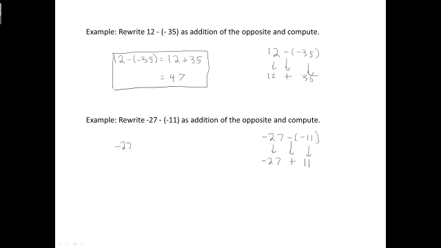Negative 27 minus negative 11 is equal to negative 27 plus 11. We visualize this calculation on the number line. Here's 0. Negative 27 is 27 steps this way. And then 11 steps back this way. It won't take you all the way back to 0 again, so the answer will be negative. Negative what? Well, how far away from 0 are we? Turns out to be 16.